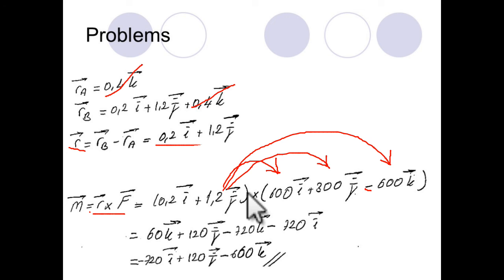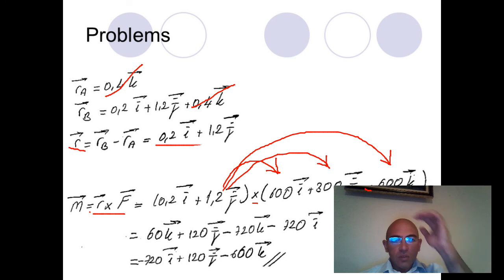But if you multiply j with k, again if you put your elbow on the y-axis and curl your fingers towards the z-axis, your thumb will show you the positive x-axis. In fact, the positive and the minus negative sign will give you a negative value. It is minus 720 i.